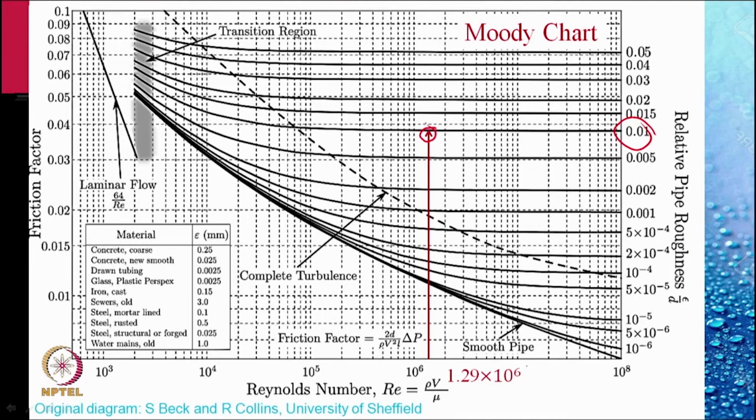From this, we can read the value of the friction factor as 0.038 on this scale. So the Darcy friction factor for the flow through the hose is 0.038. We could also find out the friction factor from the calculators online, and we'll get the same value.